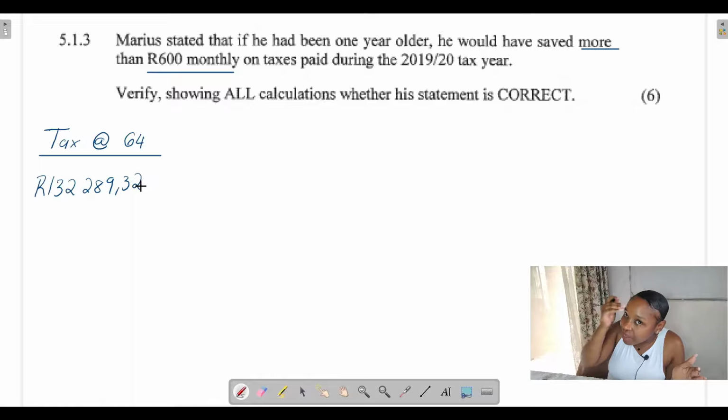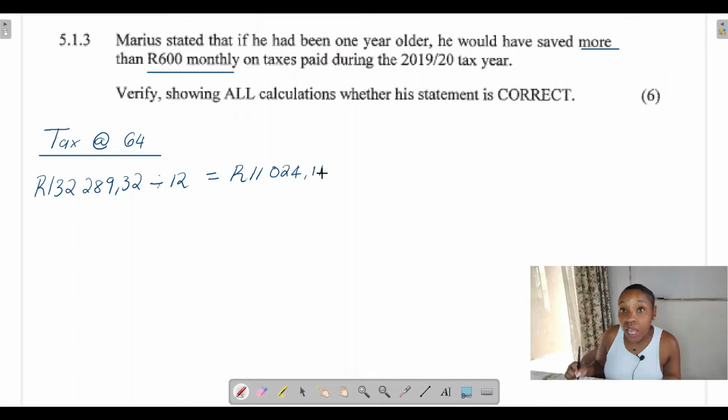So we want to see monthly how much he is going to pay. To get the monthly payments, guys, what do we do? Divide by 12. If you divide that amount by 12, you will get that currently Mr. Marais pays 11,024 rand and 11 cents monthly. That is the amount that he currently pays because he's 64.